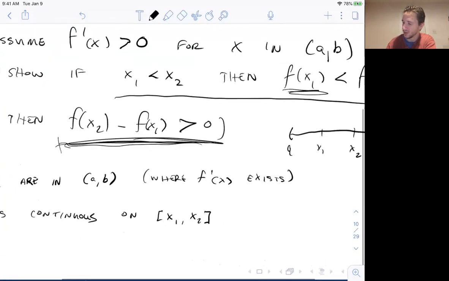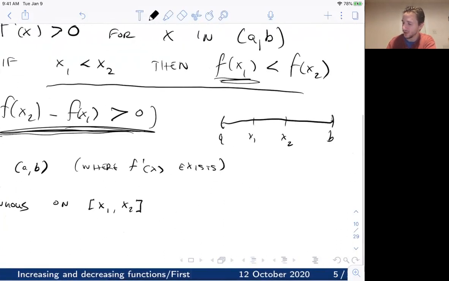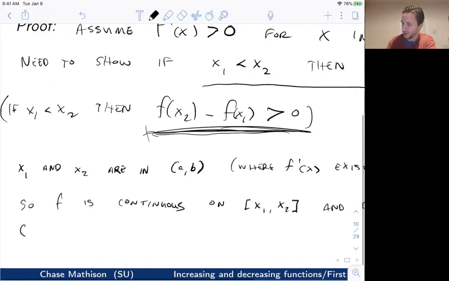So f is continuous on the closed interval x1 to x2 and differentiable on the open interval x1 to x2.